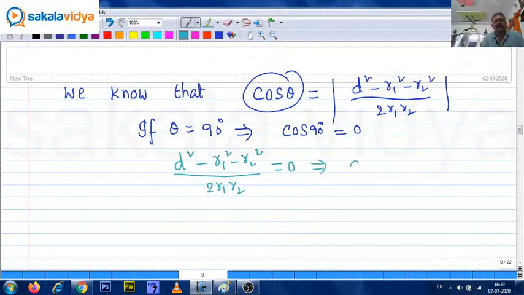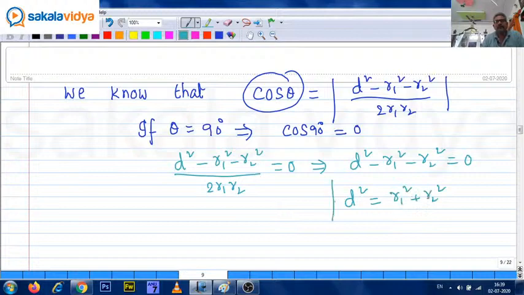Cross multiplication, D square minus R1 square minus R2 square equals 0. So we get D square equals R1 square plus R2 square. Suppose if D square is equal to R1 square plus R2 square, then the angle between the two circles is 90 degrees. If the angle between the two circles is 90 degrees, they are said to cut orthogonally. They are orthogonal to each other.